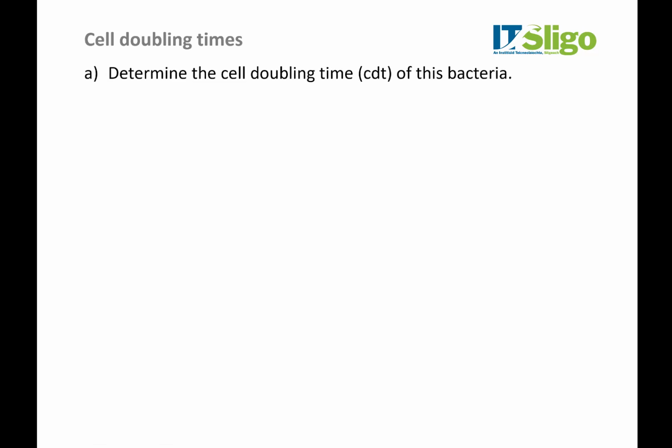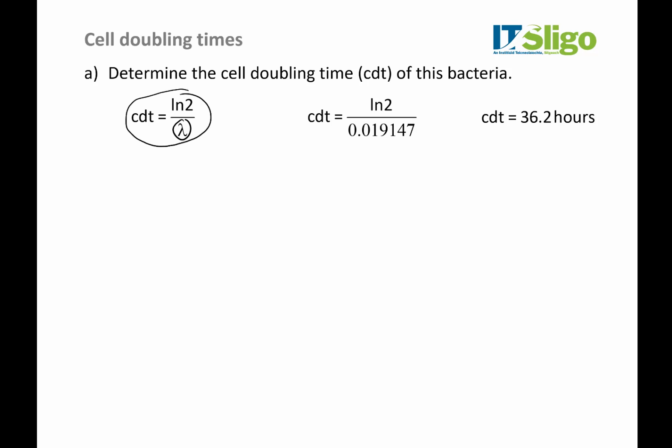So, determine the cell doubling time of this bacteria. So, we know lambda. So it's just a straightforward case of calculating. And the cell doubling time is 36.2 hours. So this formula is the exact same as the half-life formula.